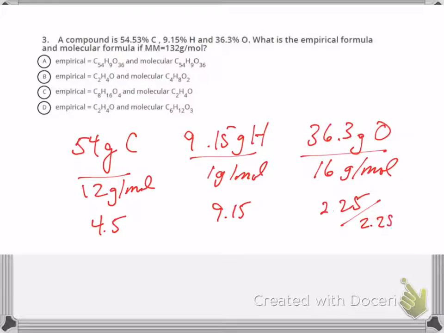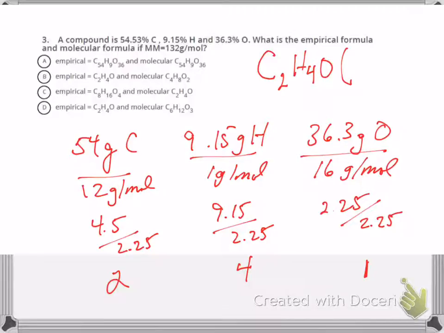We divide by the lowest number, and we get the ratio: to one oxygen atom, we have 2 carbons and 4 hydrogens. So we can now write the empirical formula this way and get the empirical mass, which is 44. They give us the molecular mass as 132.